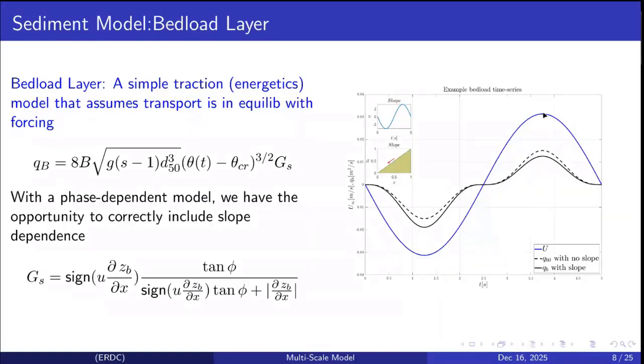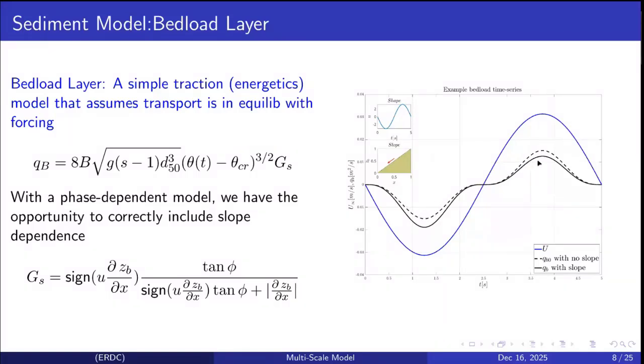But the other important thing to notice is that if you have water that's moving uphill, right, in the positive phase under the crest, you end up with an expression for the bed load transport that's reduced relative to its expression where you don't include the slope. If you don't include the slope, it's shown as a dashed black line.